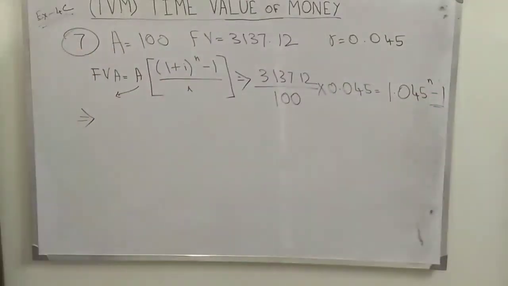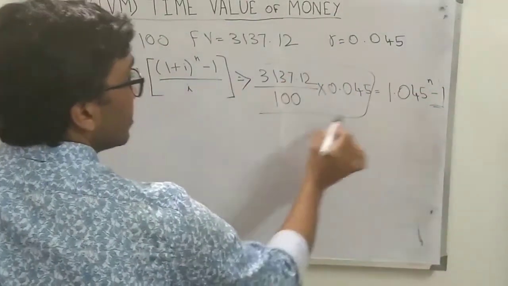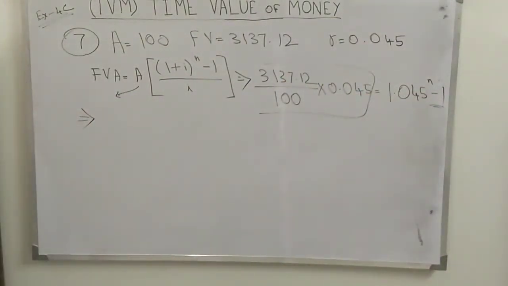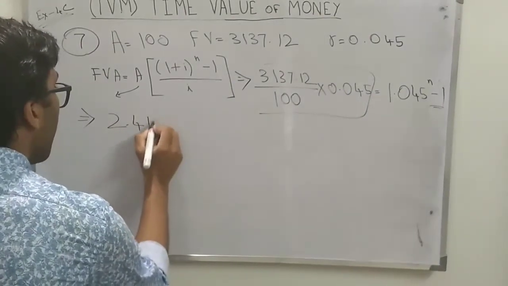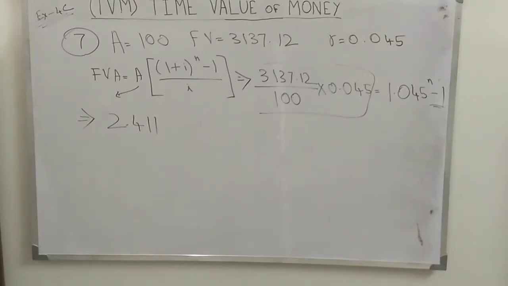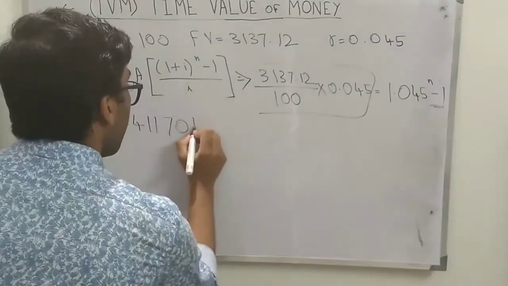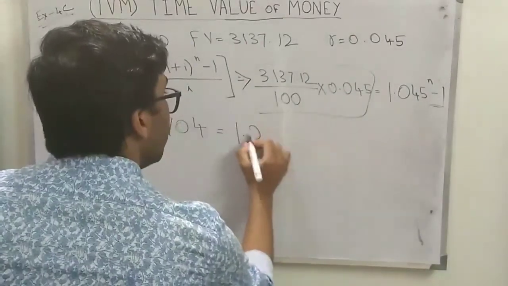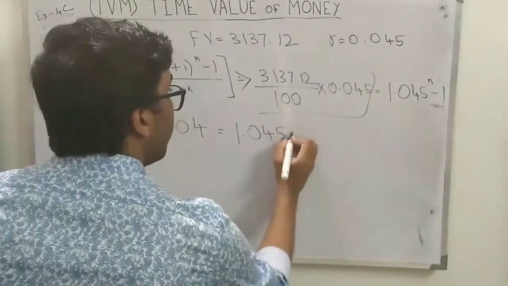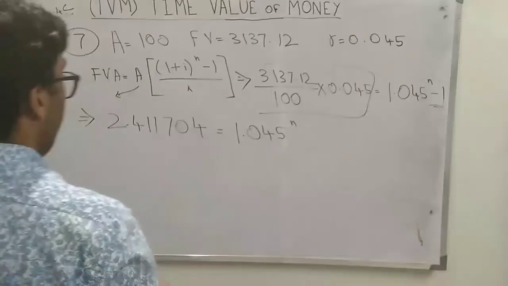That means whatever the value we are getting after calculating this, add it with 1 and you get 2.411704 is equal to 1.045 to the power n.